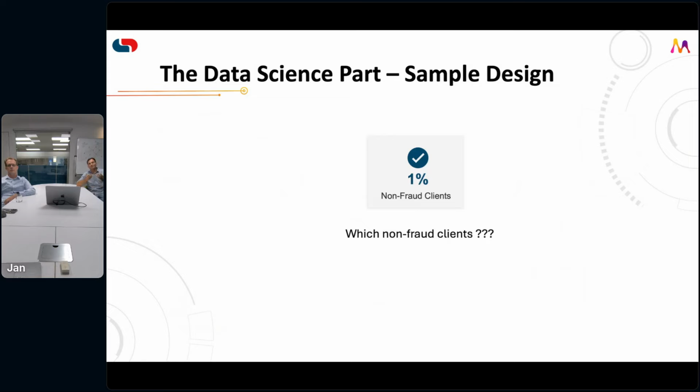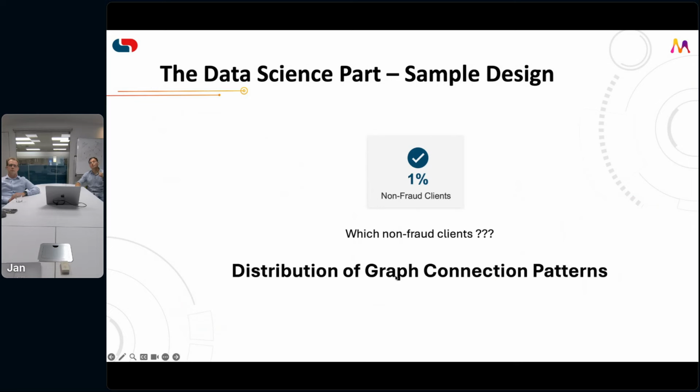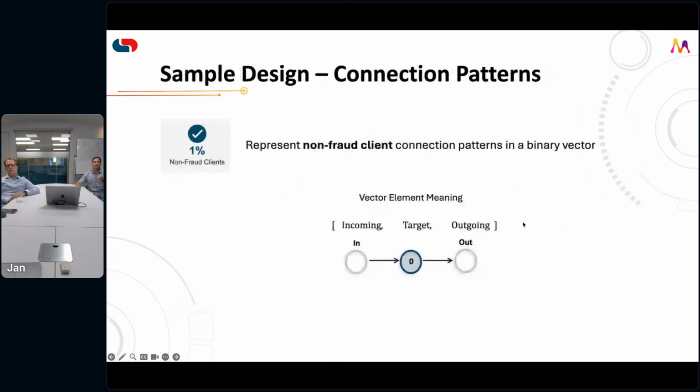Now, this is very interesting as well because we need to abide by our main goal, which is representing our population. And by wanting to do so, we came up with a sampling idea of looking at the distribution of the graph connection patterns. So what this means is we took the non-fraud clients' connection patterns and put that into a simple binary vector.